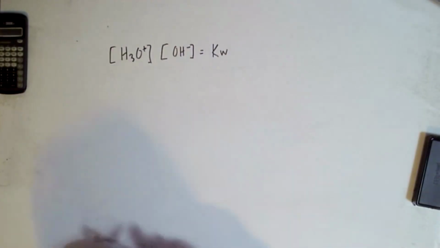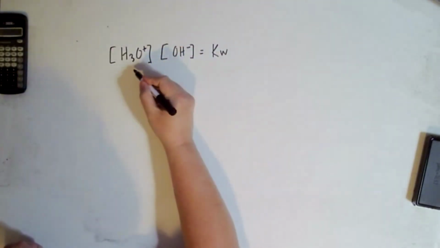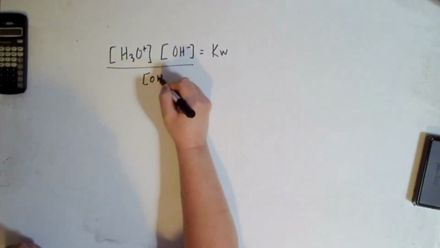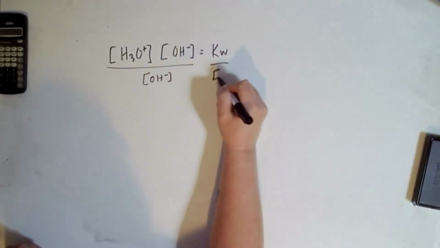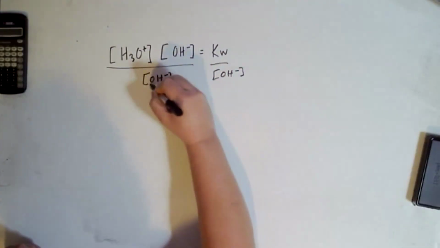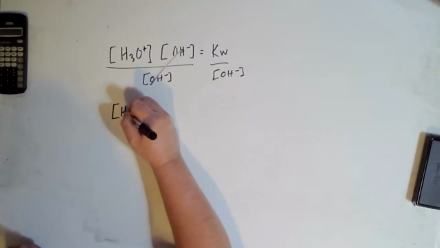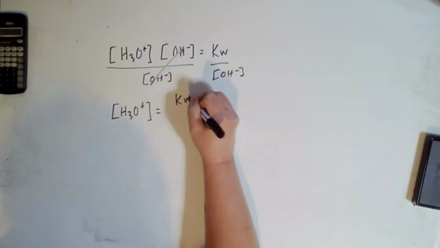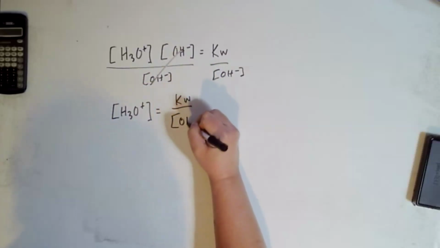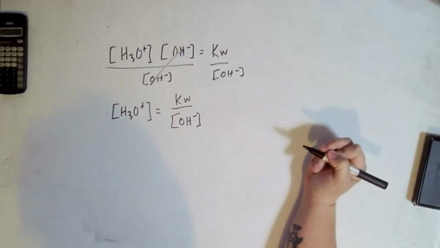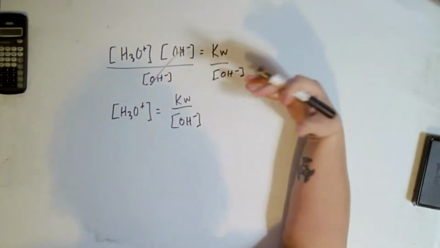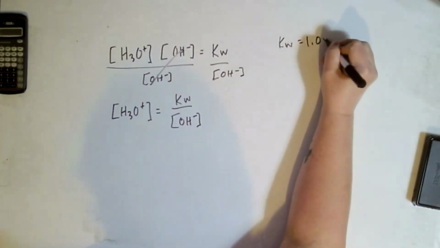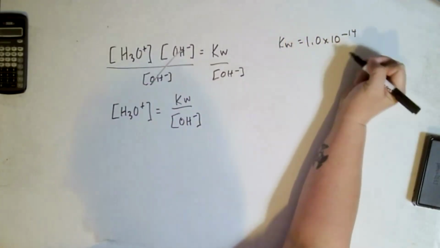And so if we're trying to find H3O plus, then we're just going to divide both sides by OH minus. And now we see that our H3O plus is going to be equal to KW divided by OH minus. And the other values that we know, KW is going to be 1.0 times 10 to the negative 14.